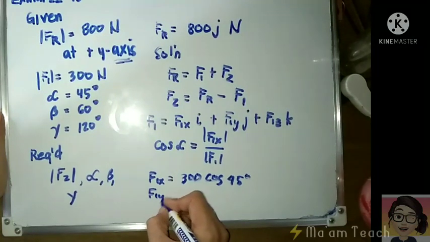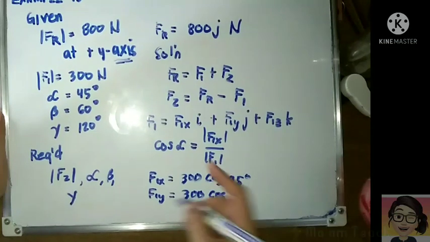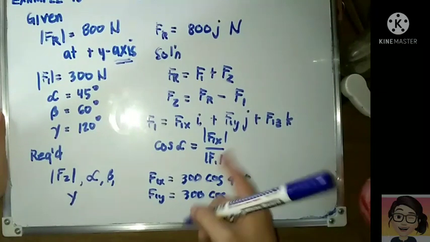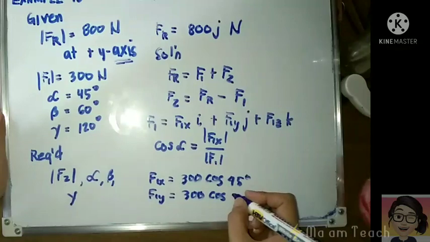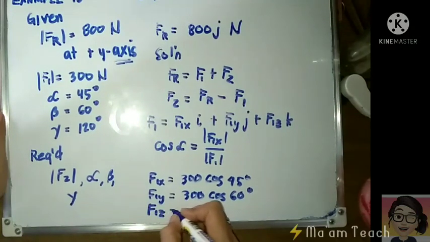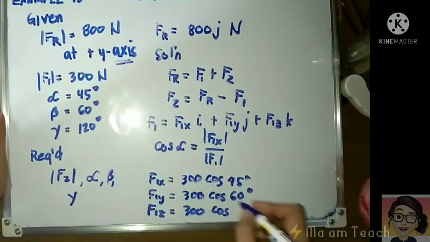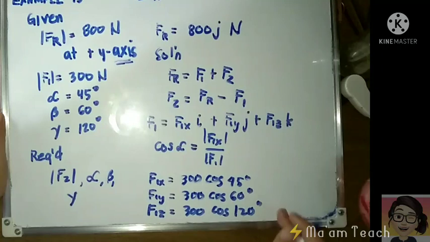So for the F1y, the magnitude times the cosine of your beta. Beta for the y component. So the beta is 60. And for the z component, that is 300 cosine your gamma, which is 120 degrees.